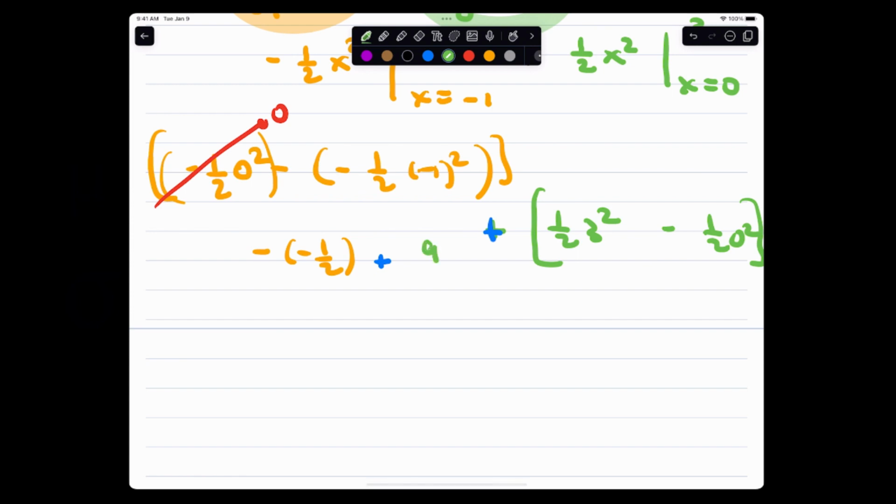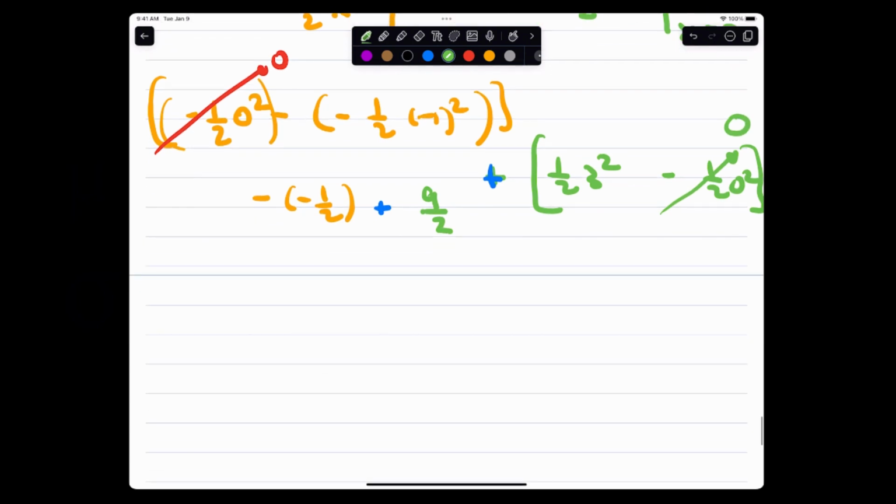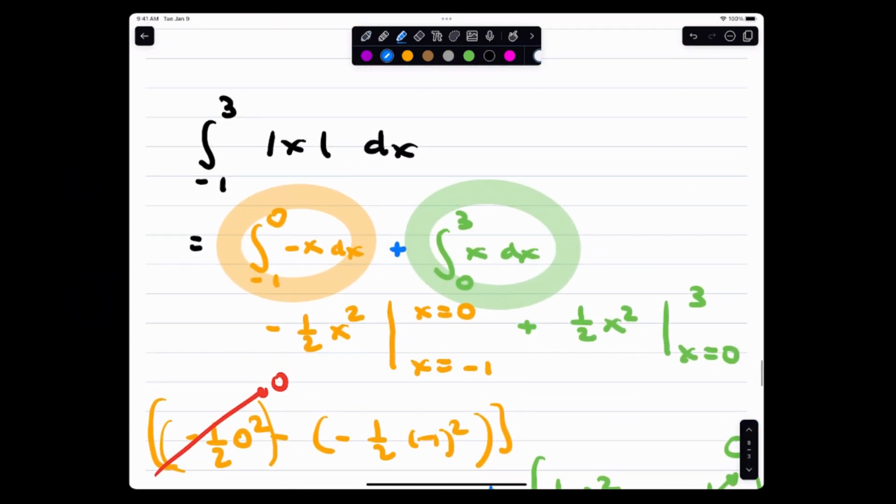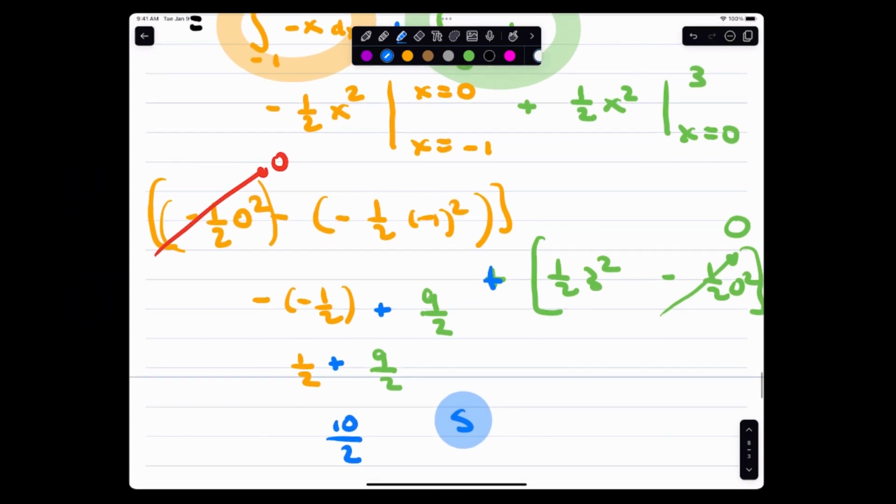Plus really what? 9/2, because this portion over here is what? 0. So negative minus a minus makes that a plus. Final answer, ladies and gentlemen, this is 10/2, or really what? 5. So the area here equals what? 5 here.